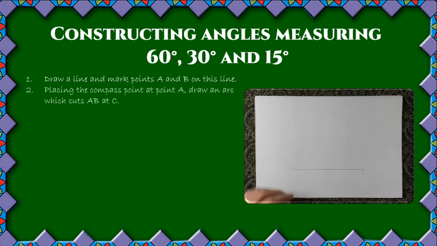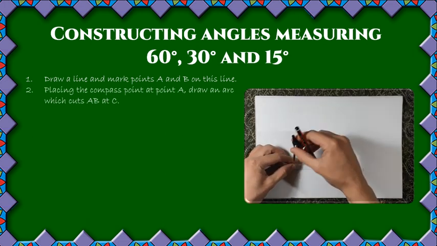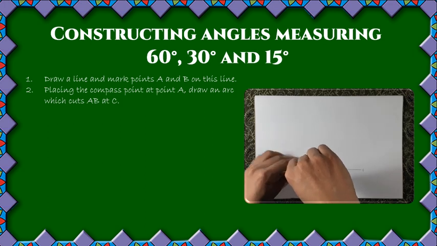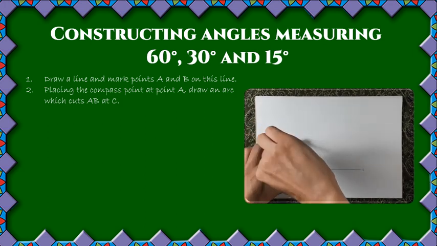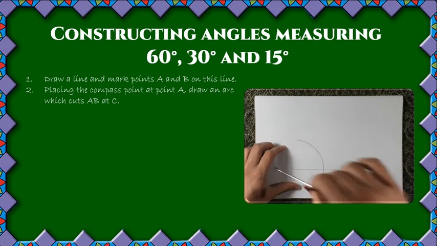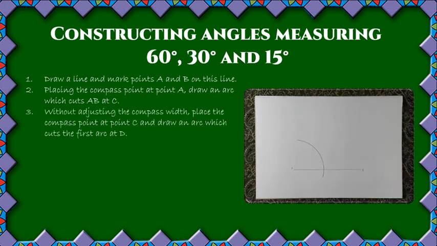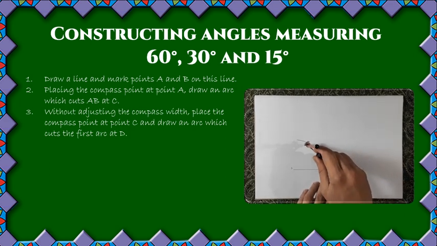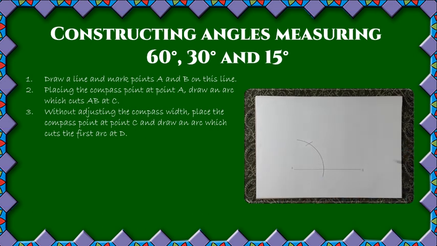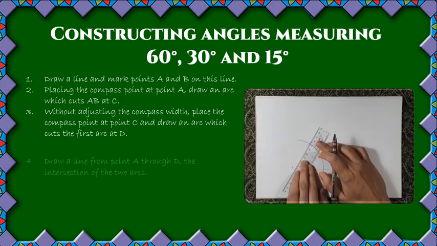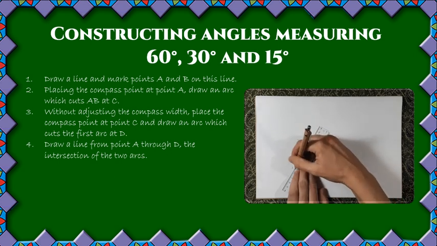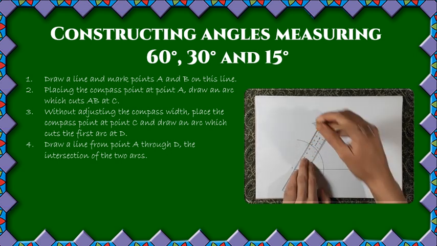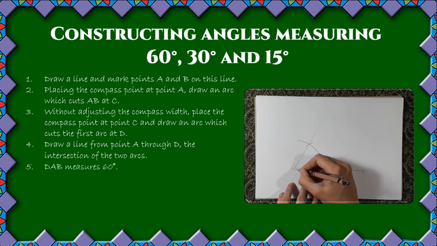Placing the compass point at point A, draw an arc which cuts AB at C. Without adjusting the compass width, place the compass point at point C and draw an arc which cuts the first arc at D. Then draw a line from point A through D, the intersection of the two arcs. Angle DAB measures 60 degrees.